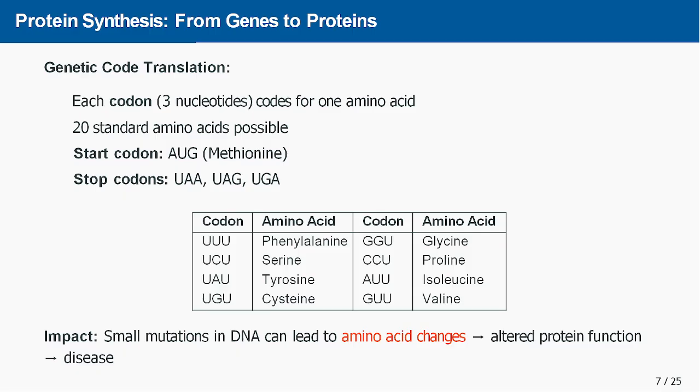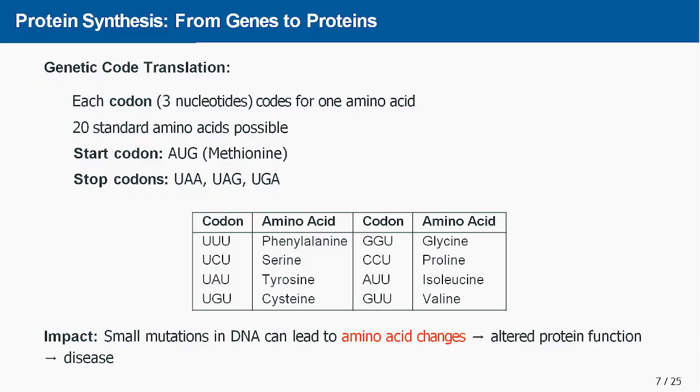The start codon is AUG, which is known as methionine, and the stop codons are UAA, UAG and UGA. All these are 3 different stop codons.